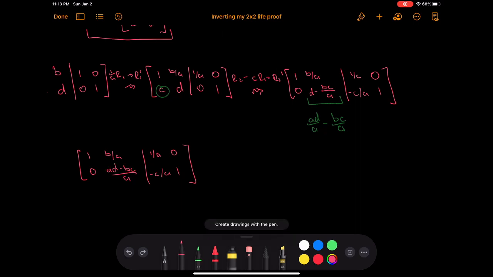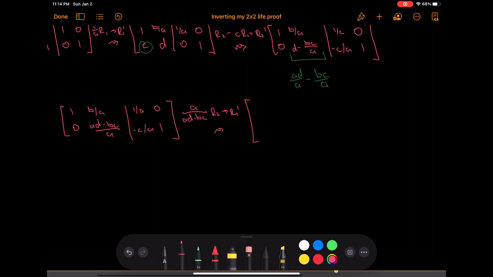Now we are going to multiply the second row by the inverse of AD minus BC over A. So this would be A over AD minus BC, multiplied by row 2, and that will give us our new row 2. That will simply give us 1, B over A, 0, 1.